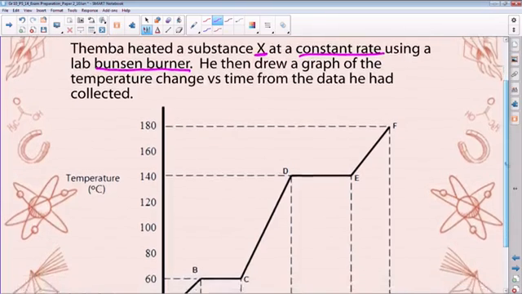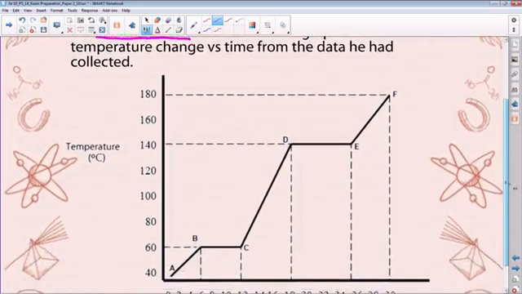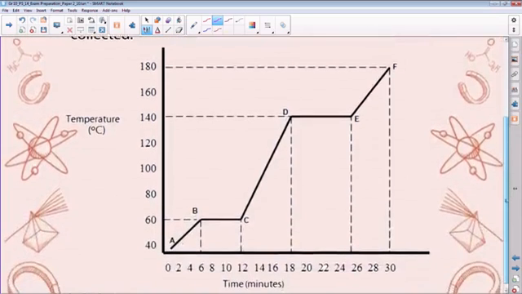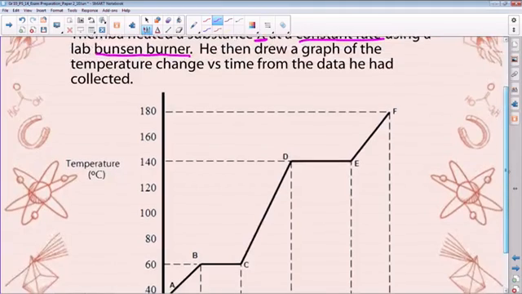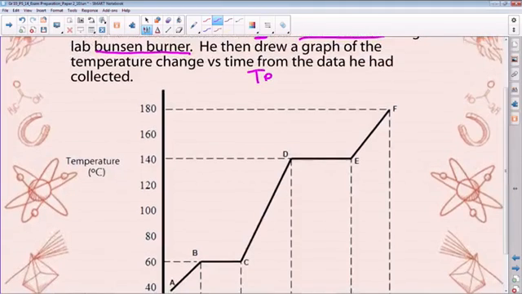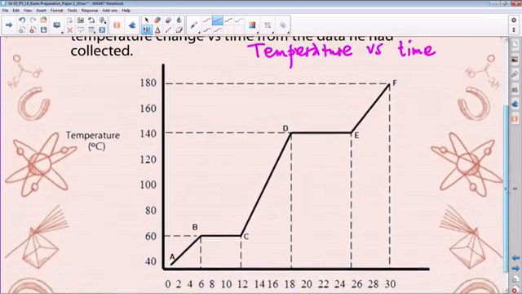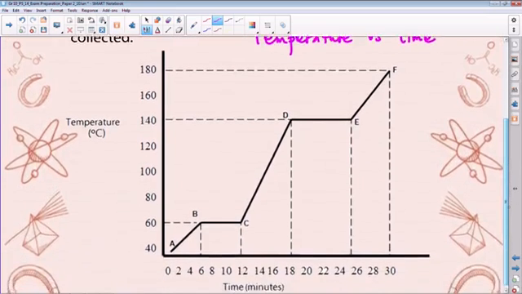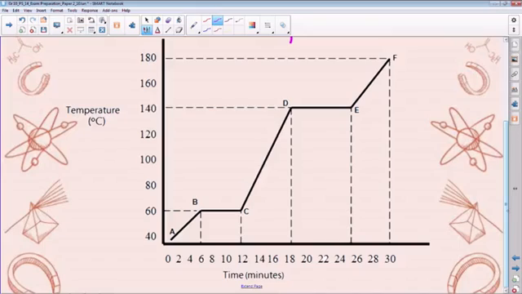So keeping track of data is very, very important in science. So this is the graph that represents temperature versus time, right? We want to understand what happens to temperature as we continue heating a substance, as we investigate its heating curve. So temperature versus time becomes the title of the graph. Very, very important. We need to include that.